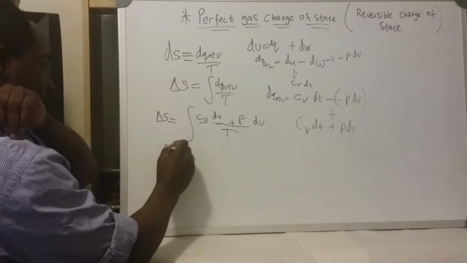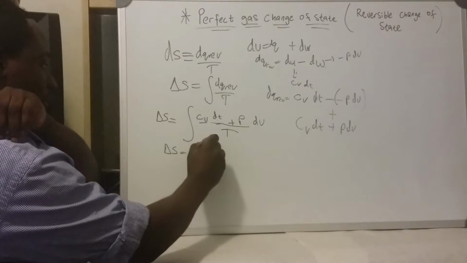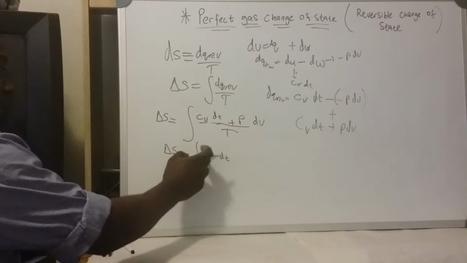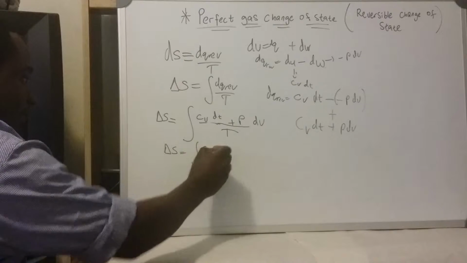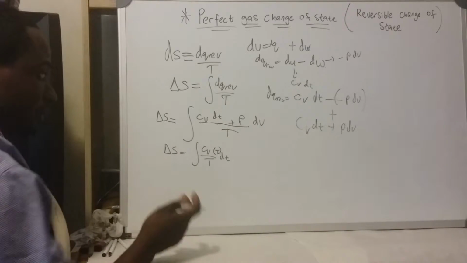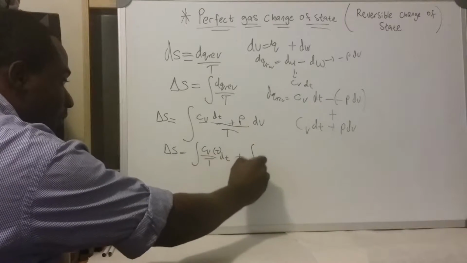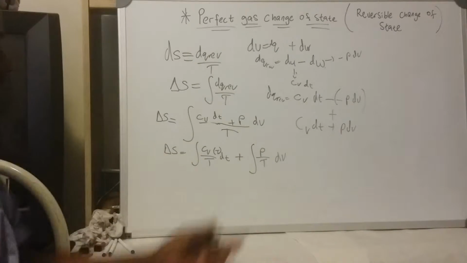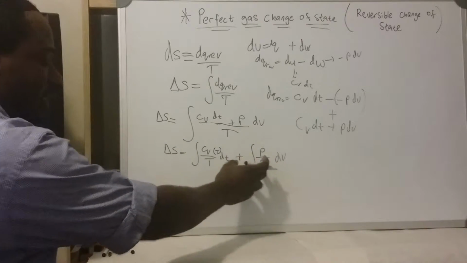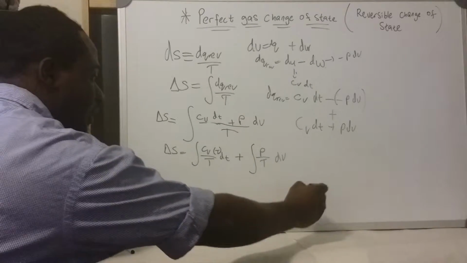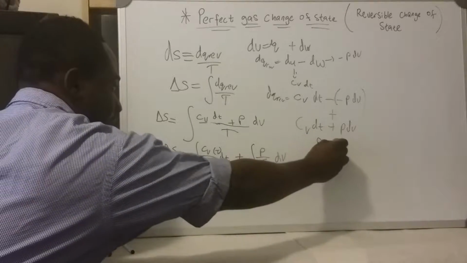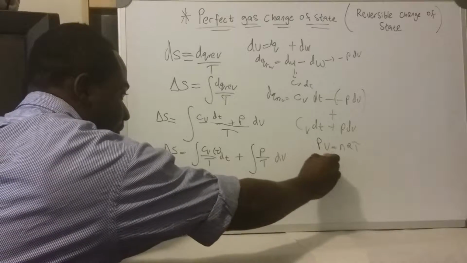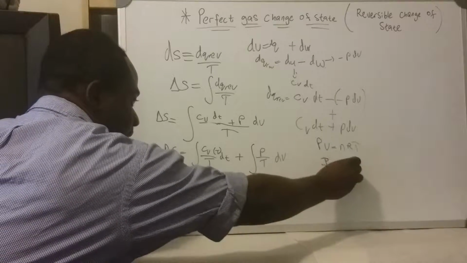So we can write delta S is equal to the integral of Cv over T dT. Now Cv changes with temperature, so we keep it inside the integral. Meaning if temperature is constant, this term is equal to 0. Plus the integral of P over T dV. Now P over T we can replace with nR over V, because PV is equal to nRT. So P over T is equal to nR over V.